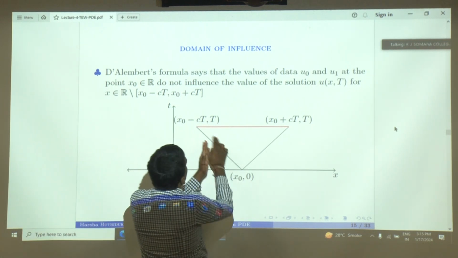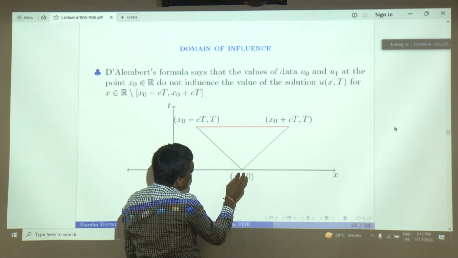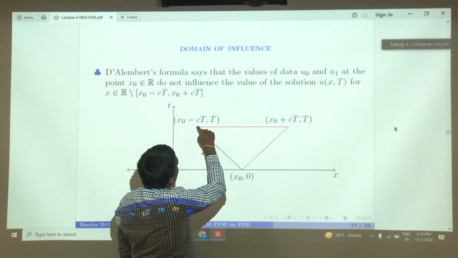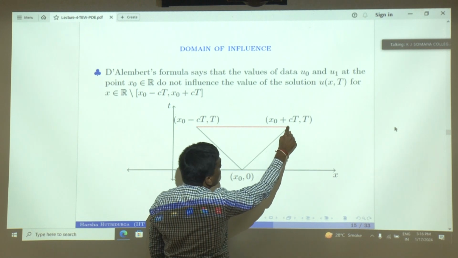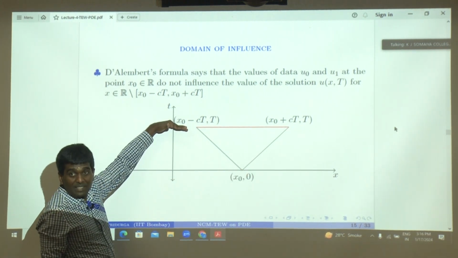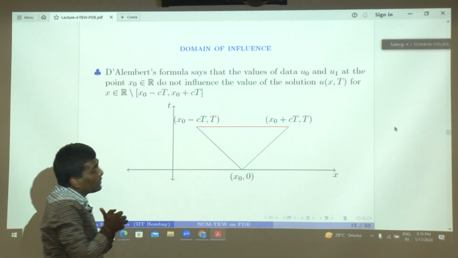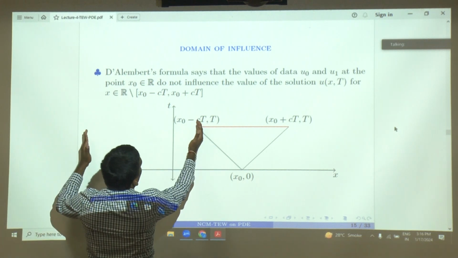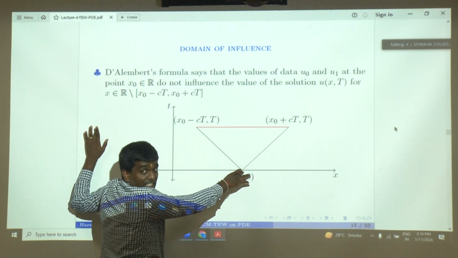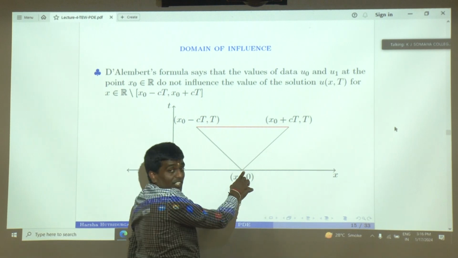So this red line is referred to as the domain of influence, in the sense that the value of your initial data at this point can only influence the value of your solution for those points sitting on this red line, and nowhere beyond this. Like at the level t equal to capital T, the points along that line beyond this are never influenced by the initial data here.